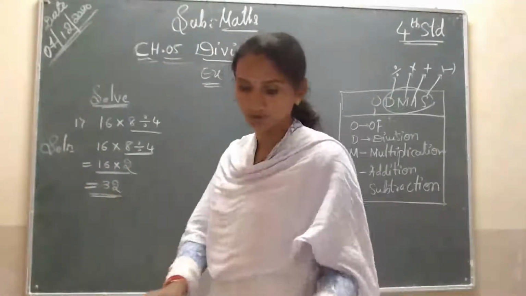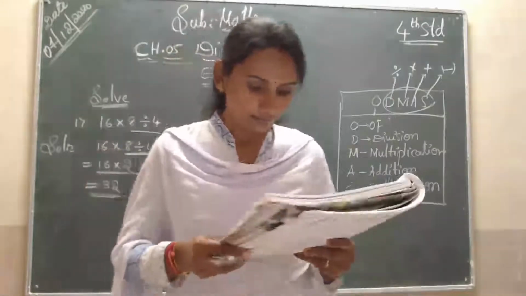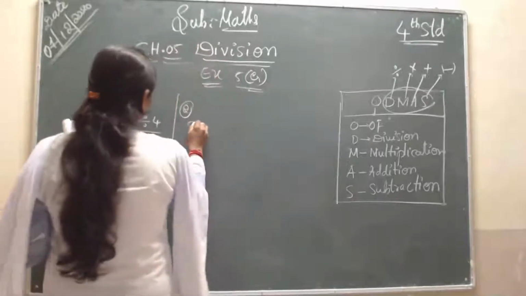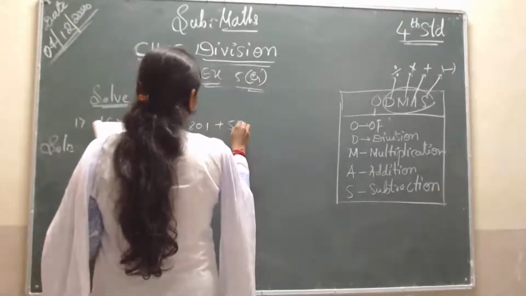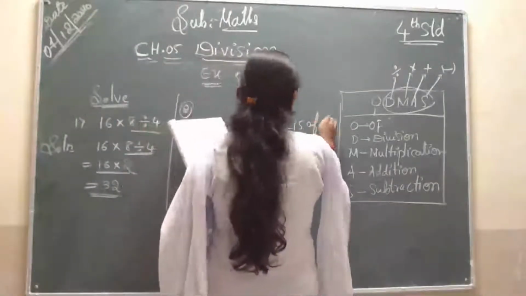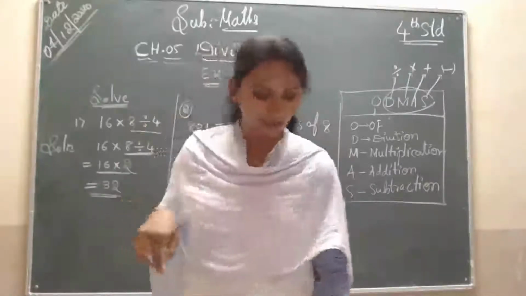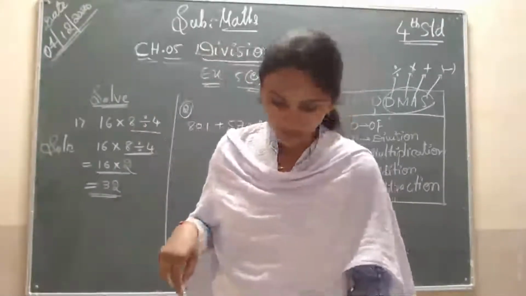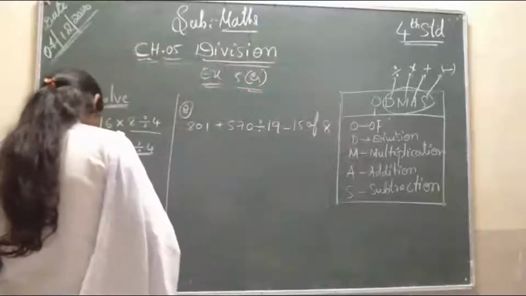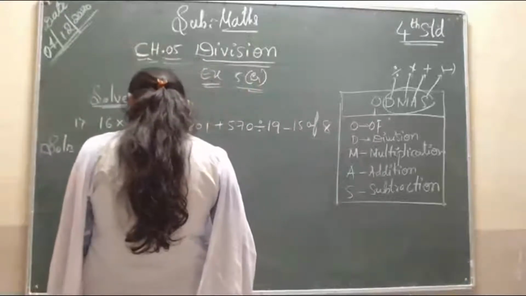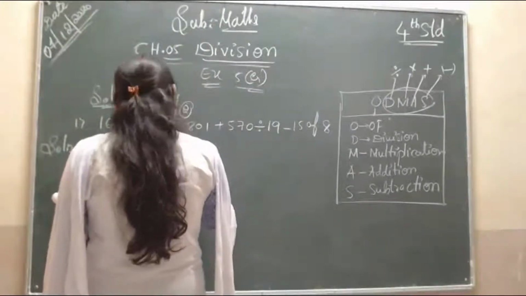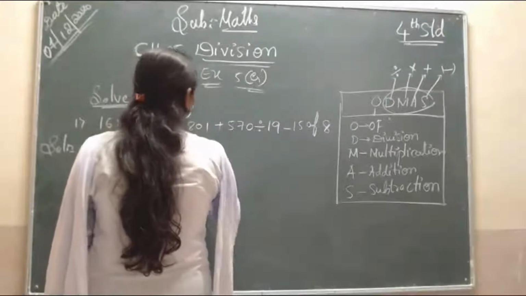So next question, can you observe, students? In the second, 801 plus 570 divided by 19 minus 15 of 8. Students, of you have to take as multiplication.